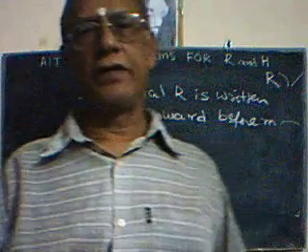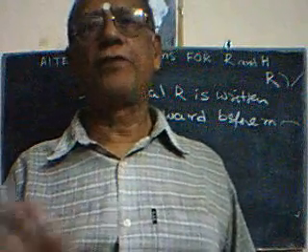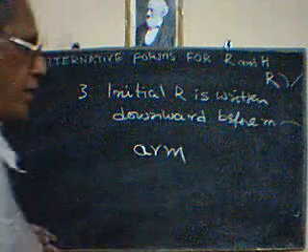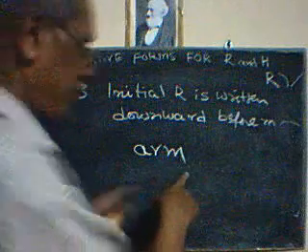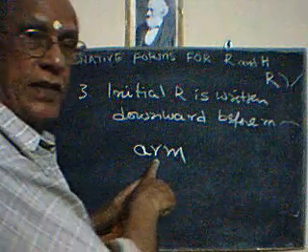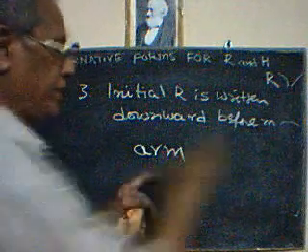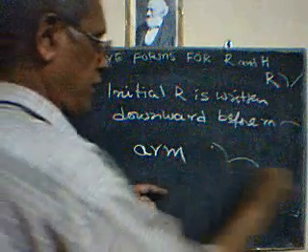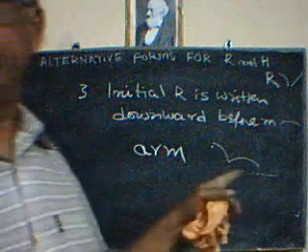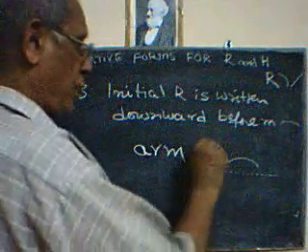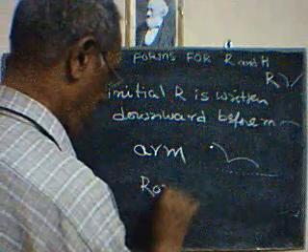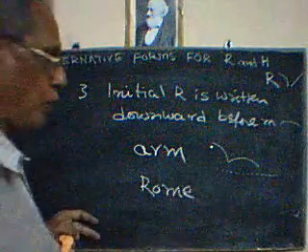Initial R is written downward before M. And this is the initial R before M, if it comes. Rome.